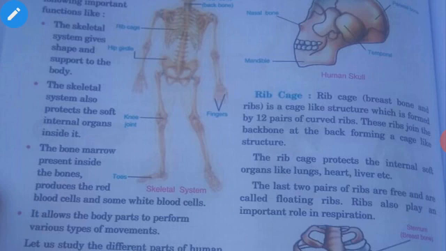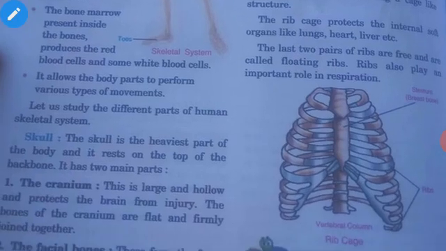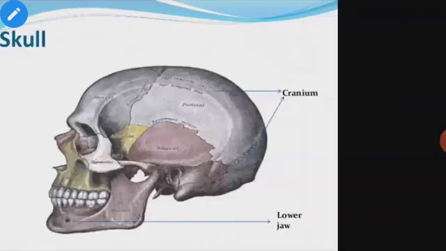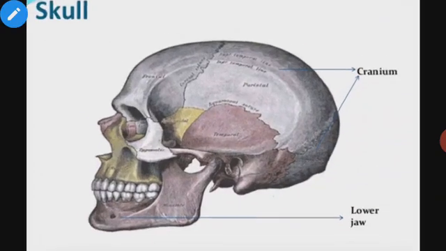There are different parts in the human skeletal system. Let us study them. The first part of the human skeletal system is the skull.